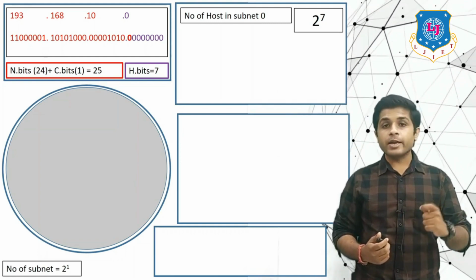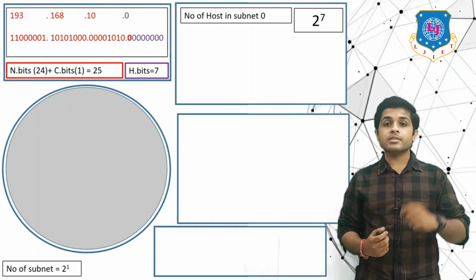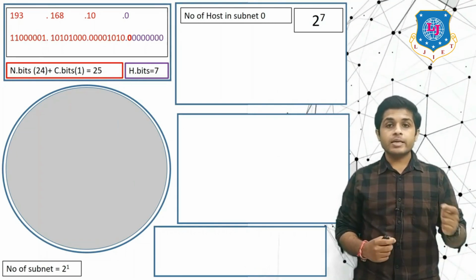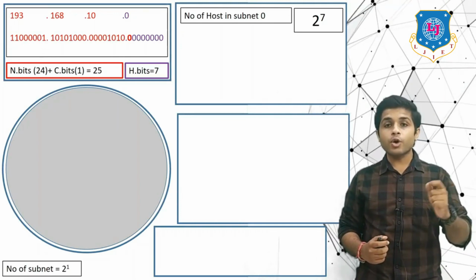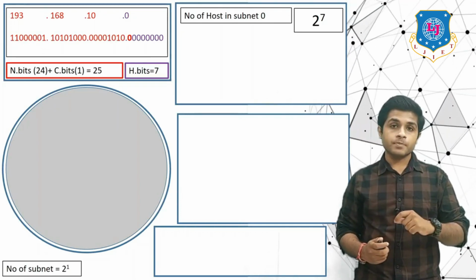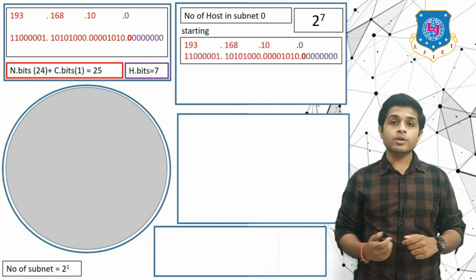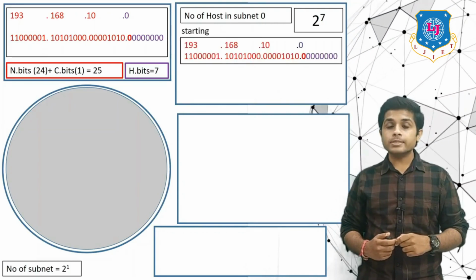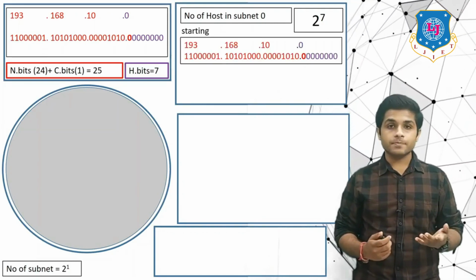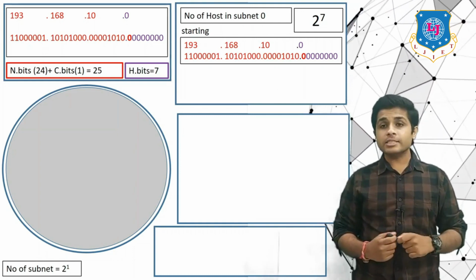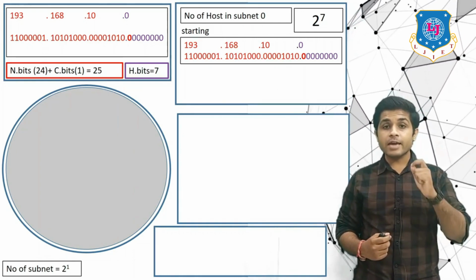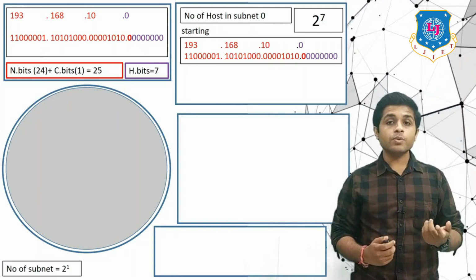Now I want to find the first IP address in subnet 0. So for that I'll set all the host bits to 0. So let's set all the host bits to 0. You will get 193.168.10.0. I want to find the last IP address. In that case, I will set all the host bits to 1.